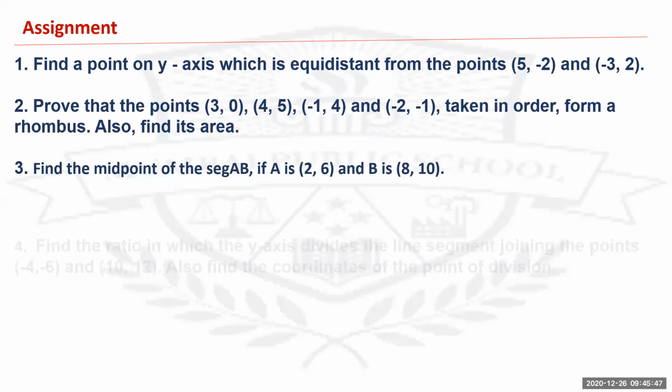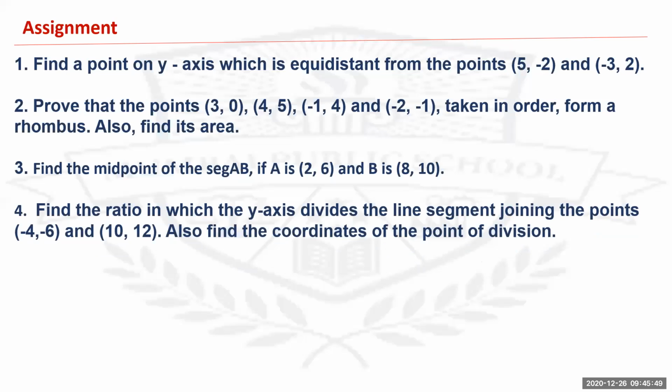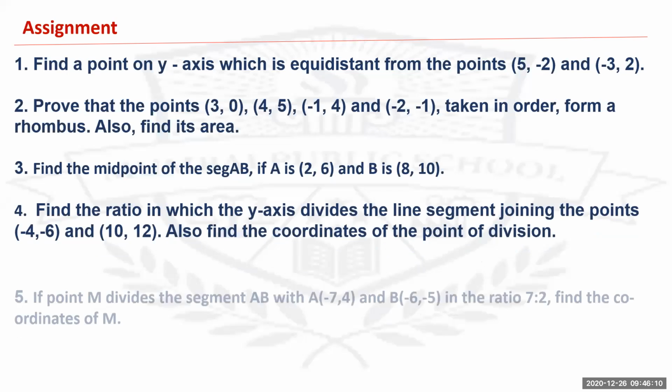Easy question. Find the ratio in which the y-axis divides the line segment joining the points minus 4 comma minus 6 and 10 comma 12. Also, you have to find the coordinates of the point of division. Understand? You have to find the coordinates also.